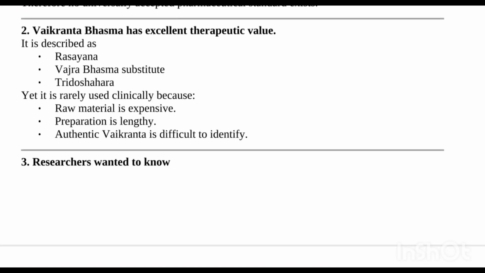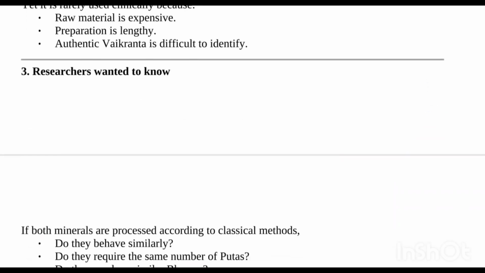Vaikrant bhasma has excellent therapeutic value described in Ayurveda as a Rasayana, Vajra bhasma substitute, and Tridoshaghna. Yet it is rarely used clinically because the raw material is expensive, preparation is lengthy, and authentic Vaikrant is difficult to identify.